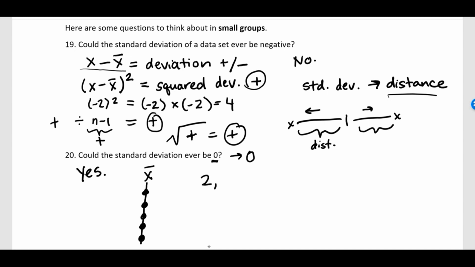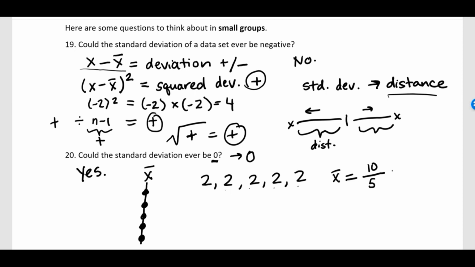So we could look at this data set: 2, 2, 2, 2, 2. If we wanted to find the mean of this small data set, you could probably guess what it is, but let's go ahead and do it anyway. 2 plus 2 plus 2 plus 2 plus 2 gives us 2, 4, 6, 8, 10. Then we divide by how many numbers we just added up: 1, 2, 3, 4, 5.